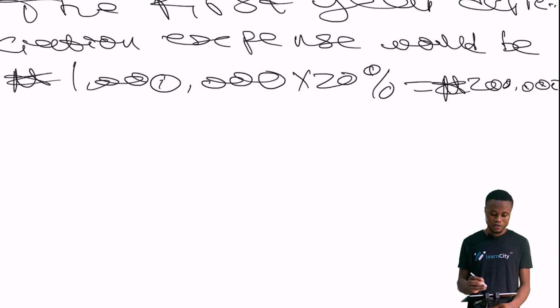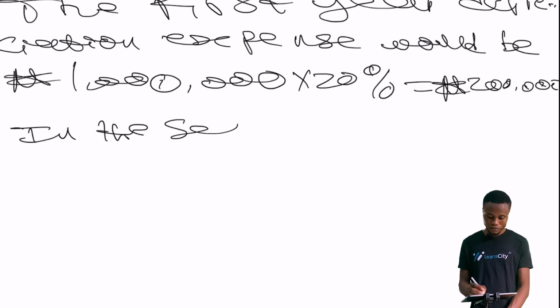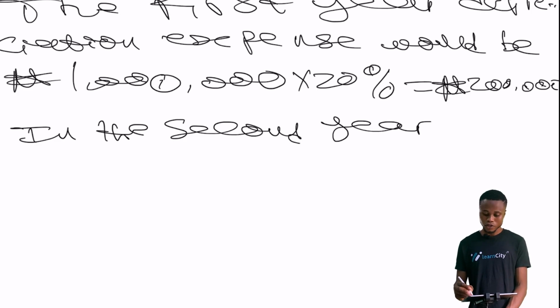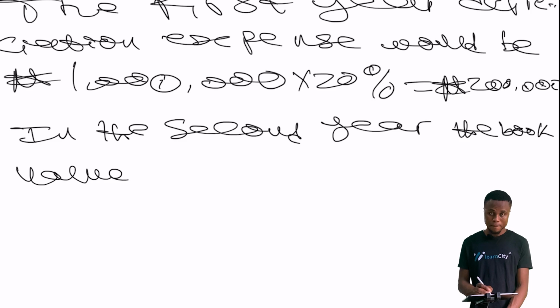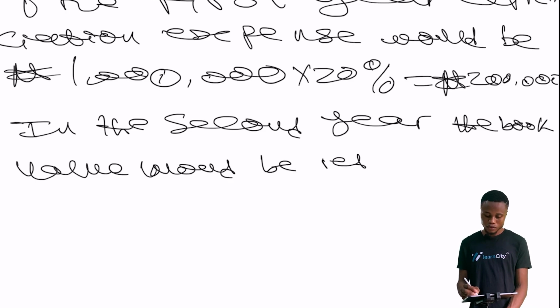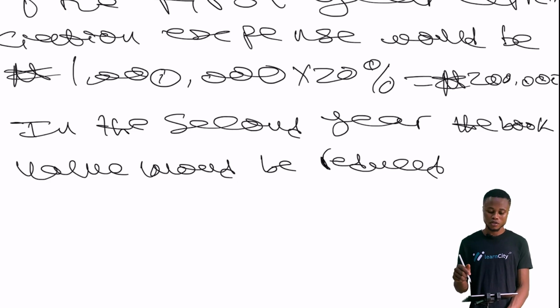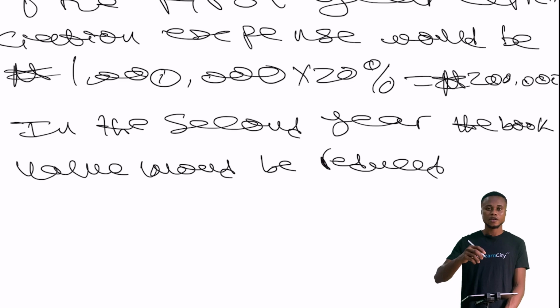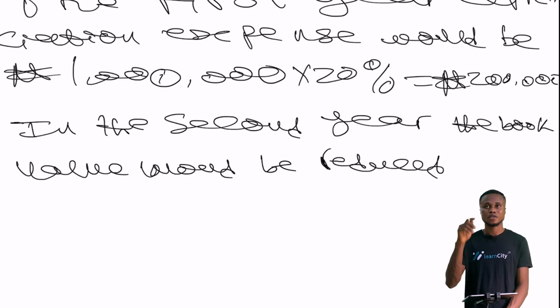Let's now do the second year. In the second year, the book value will be reduced. Remember, I've already done the first year. This second year now, the book value we have to reduce, that is the 1 million naira, we have to deduct it from 200,000 naira.